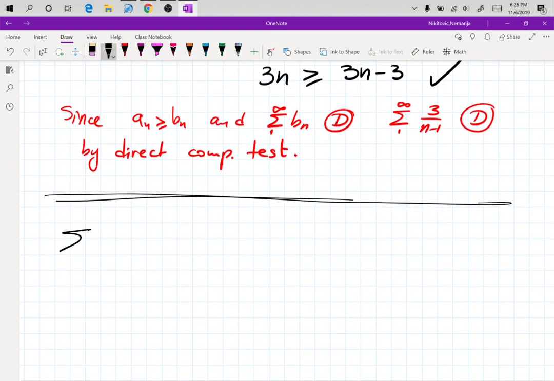Say you have summation 2 to infinity of n plus 1, let's say, divided by n cubed minus n, whatever.